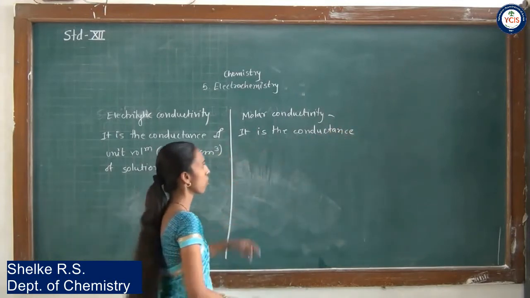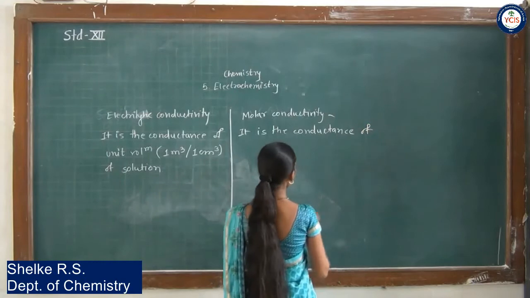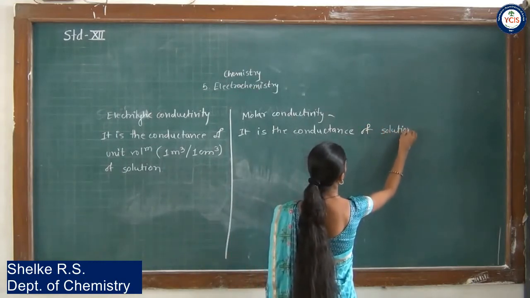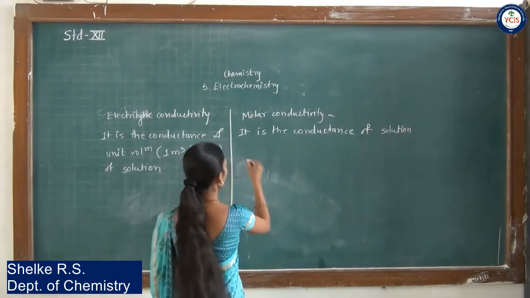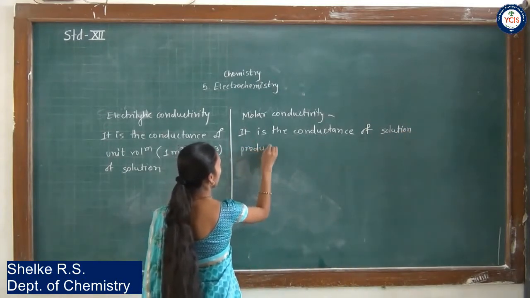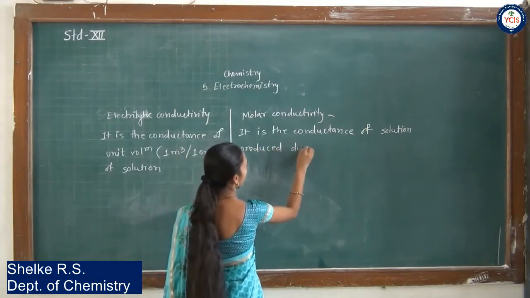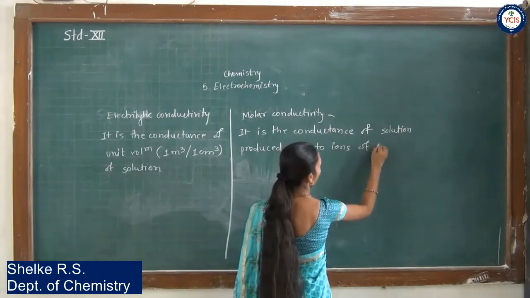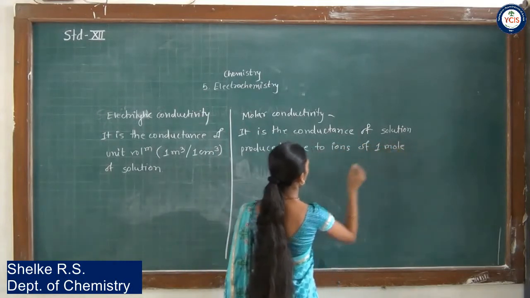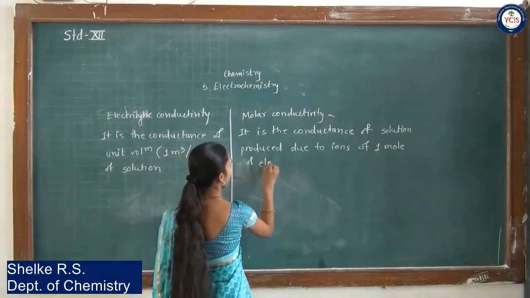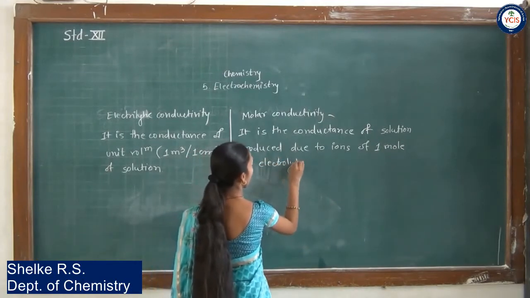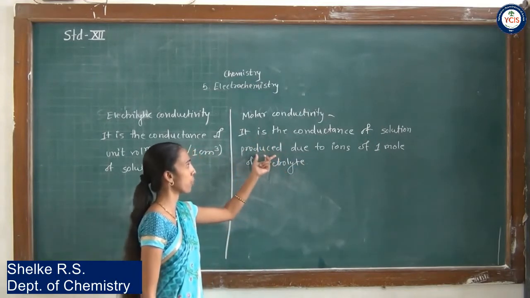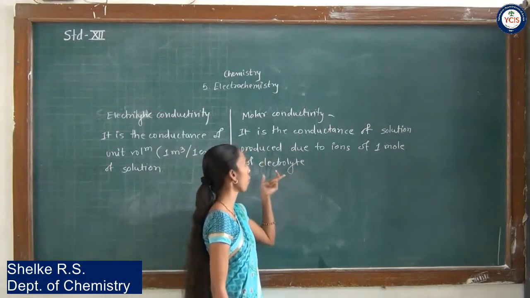It is the conductance of solution produced due to ions of 1 mole of electrolyte. Okay, so how can we define this? It is the conductance of solution produced due to the ions of 1 mole of electrolyte.